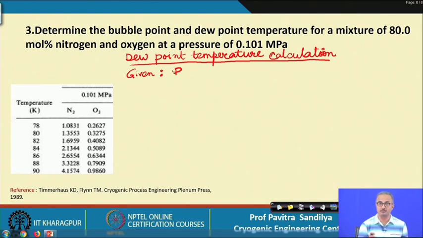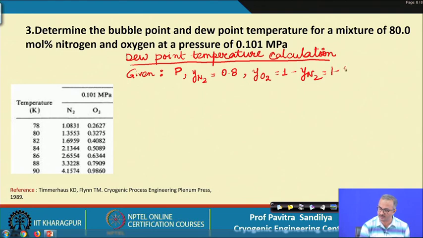So, the given composition in the problem will be taken as Yi, that means in this case Y_N2 will be 0.8, that is mole fraction, and Y_O2 will be 1 minus Y_N2, that is equal to 1 minus 0.8 is equal to 0.2. Okay. Now, after that we have to find out the T dew.